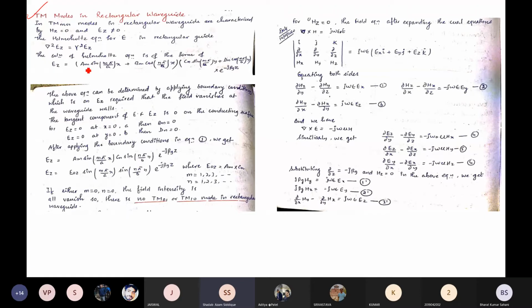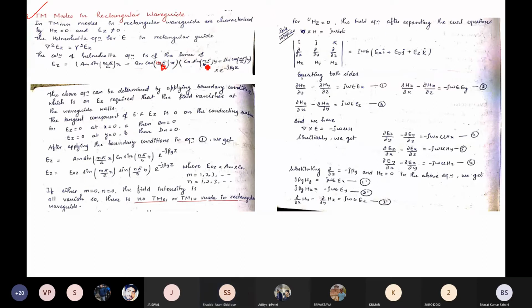Ez can be written as Am sin(m pi by a x) plus Bm cos(m pi by a x), and Cn sin(n pi by b y) plus Dn cos(n pi by b y). Sorry, it is m pi by a into x.